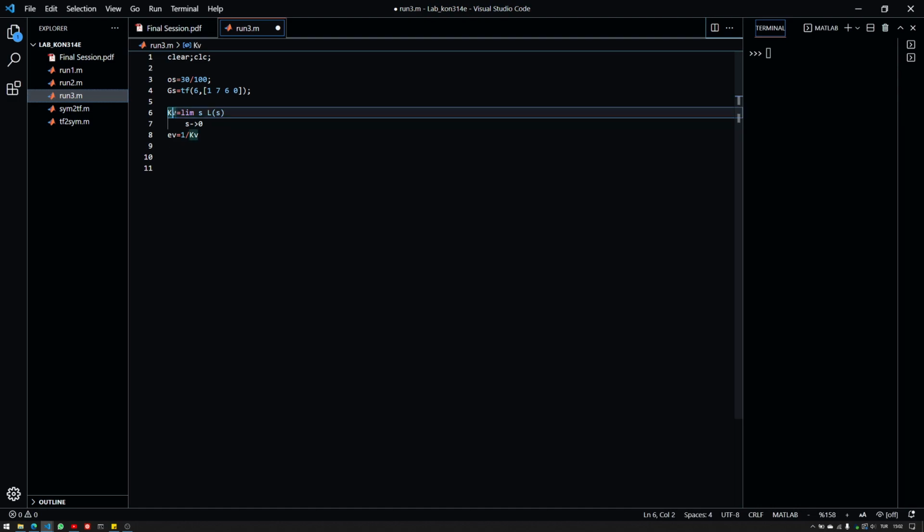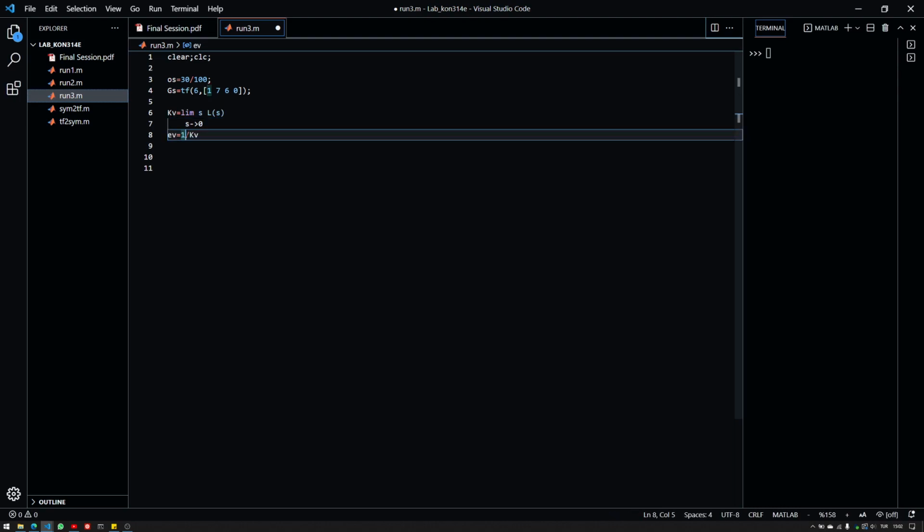For the position constant, we don't have s here. For acceleration, we have s squared, etc. The relation for the position one was, if I'm not wrong, you should look it up in your lecture notes, 1 divided by 1 plus k position, and then we have again 1 divided by kA for the acceleration error, I guess.